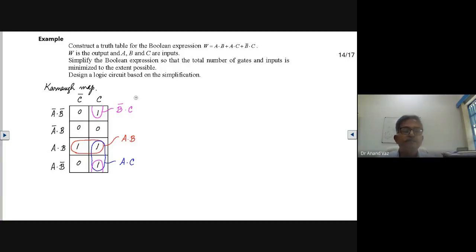And now comes how do we formulate the simplified logic. So we have W, and that is equal to what?